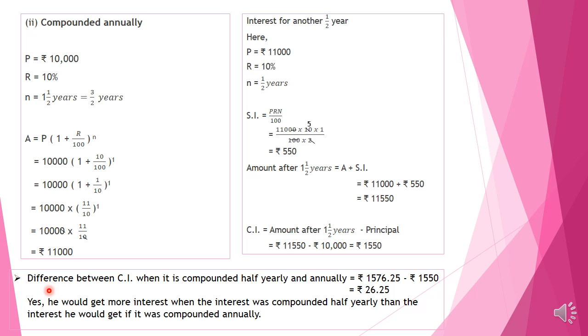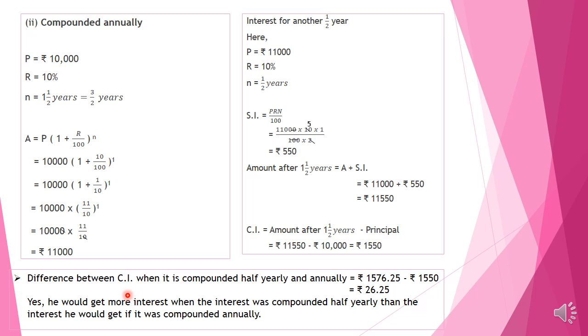Okay, so difference between compound interest is equal to rupees 1,576.25 minus rupees 1,550. So it is rupees 26.25. So it is asked in the question which compound interest is greater, the compound interest that we get based on annually or based on half yearly.